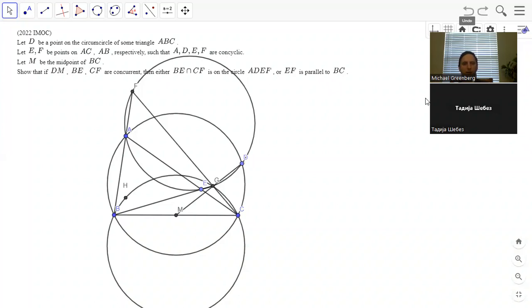Is there a symmetric way to do this? What we could try to do is show that CF cuts segment MD into the same ratio that this circle cuts MD, because then we're not assuming they're concurrent.